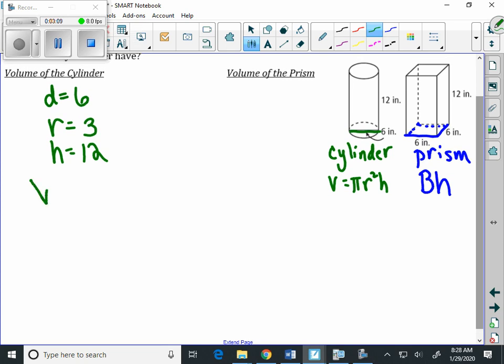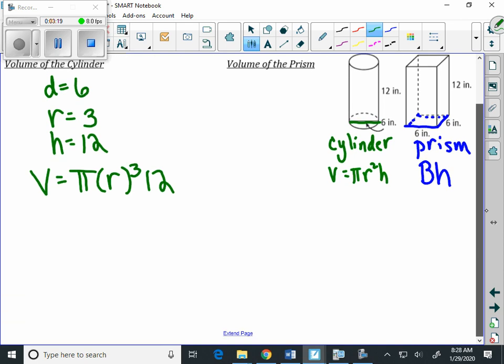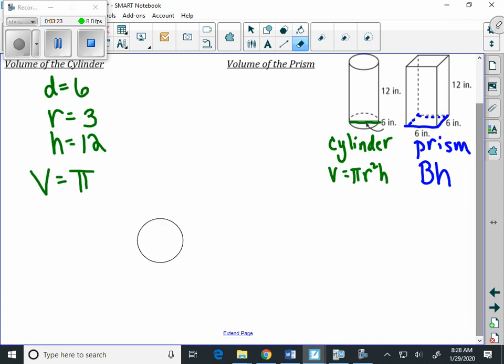So the volume is going to be pi times the radius squared times 12. And it doesn't say to leave the answer in terms of pi, so we're going to multiply everything. I need to write this again: pi times the radius squared times the height.